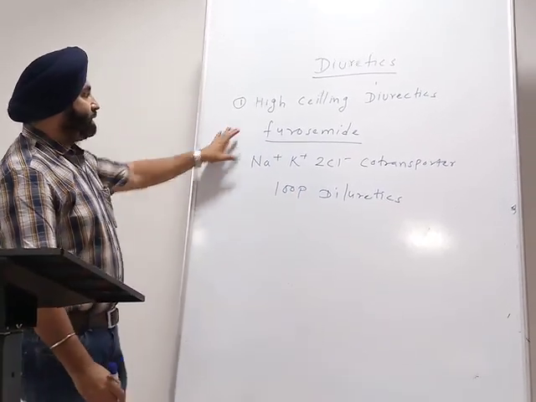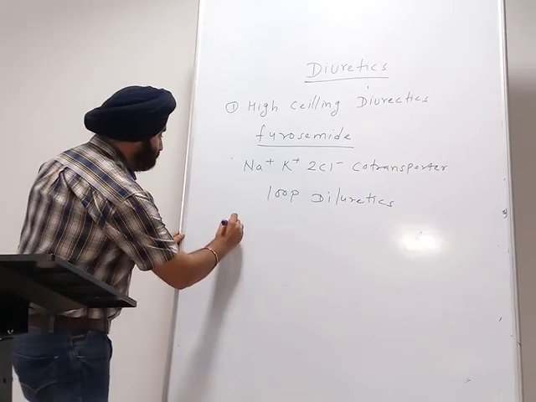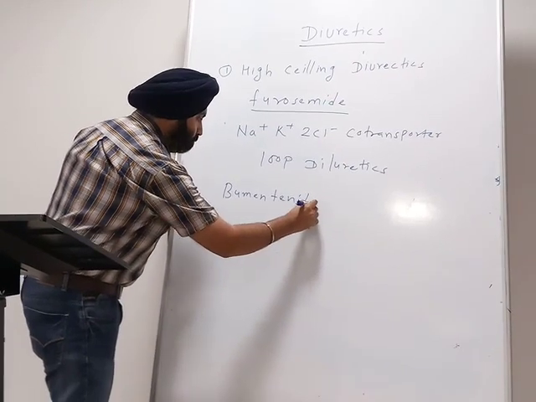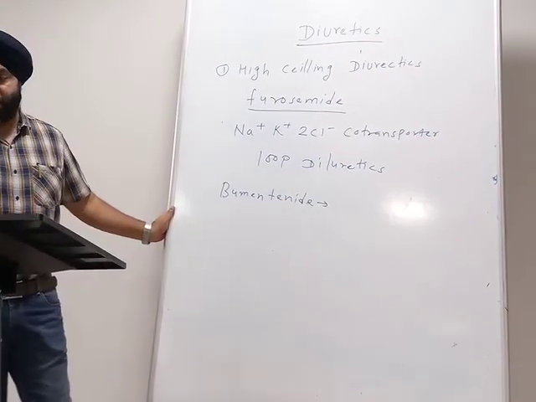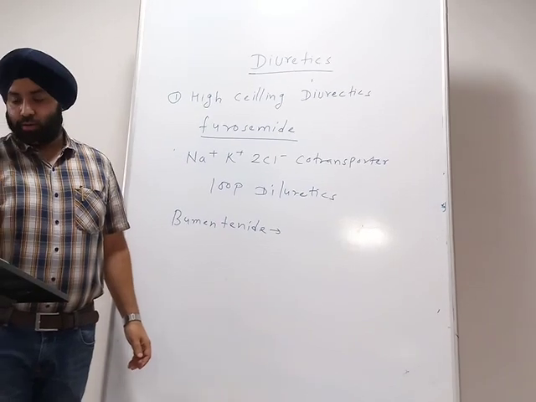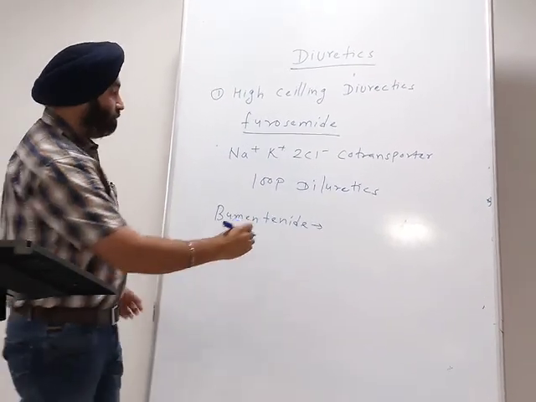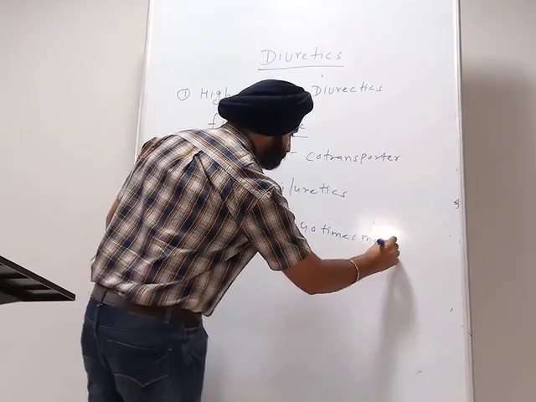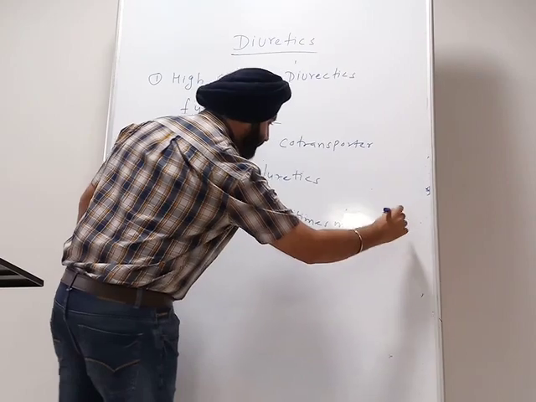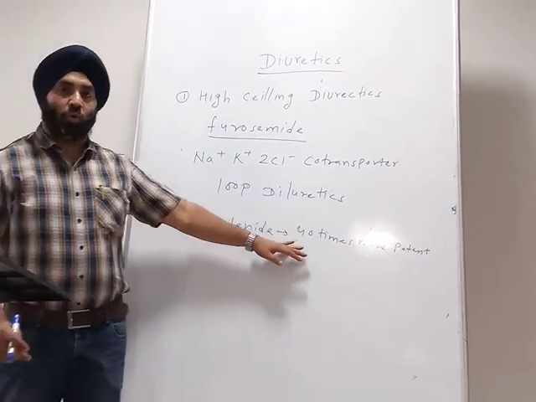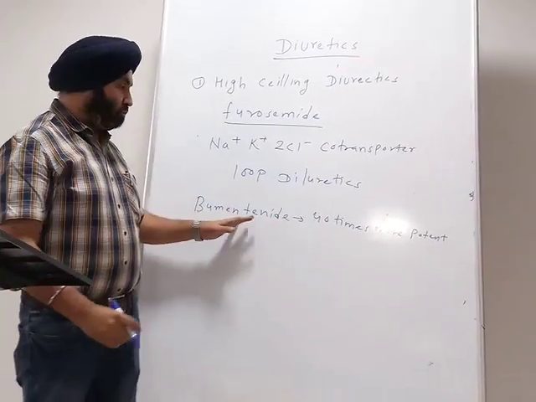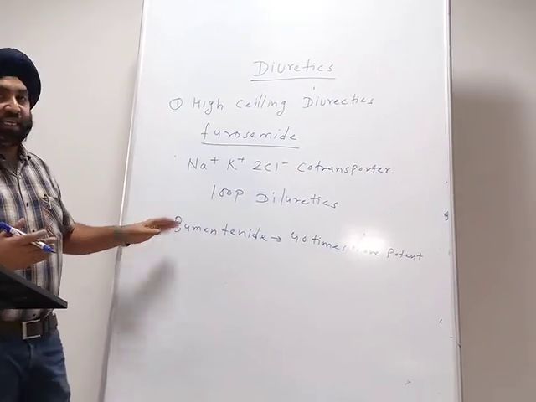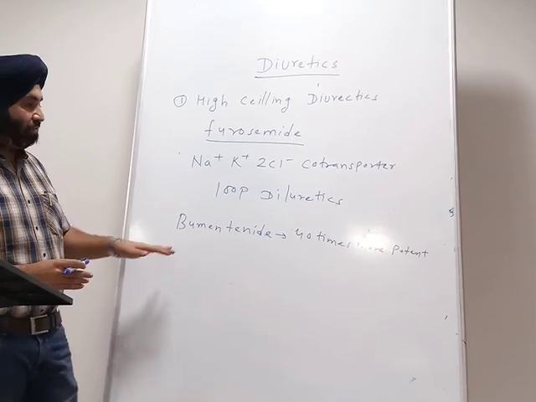Other drugs in this group other than furosemide is bumetanide. Bumetanide is more potent than furosemide, 40 times more potent. It also has a much better oral bioavailability than furosemide, so it is more beneficial in CHF patients in which bowel inflammation is there.